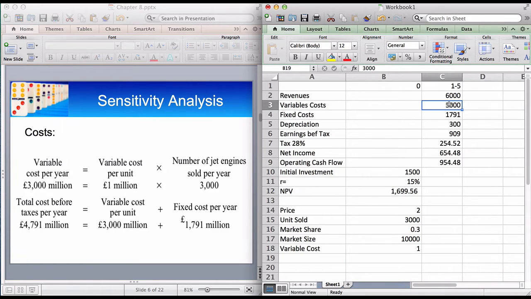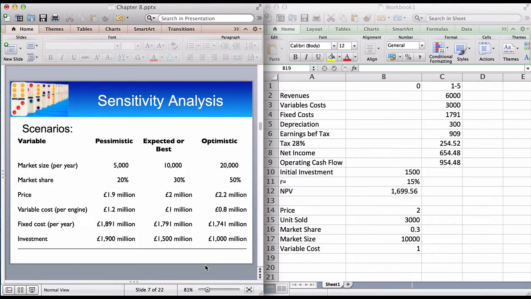That means that our total variable cost can be calculated directly: it's the cost per unit multiplied by the number of units sold, which is 3,000. So again, if, for example, you can drive down the variable cost to 0.5, it has a good impact on your cash flows. So that's us set up our spreadsheet.